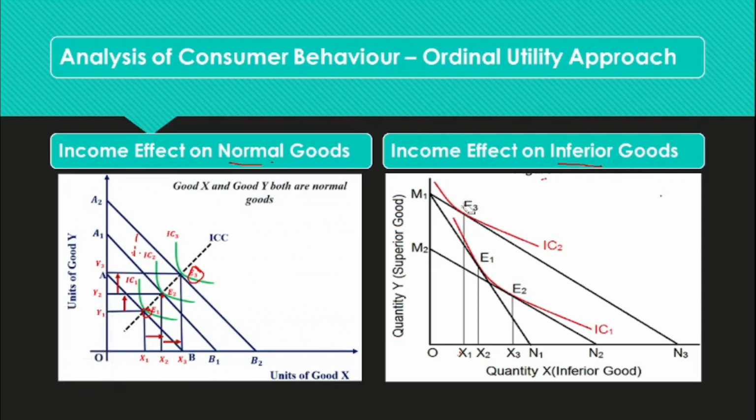Joining these curves, if we look at this point E to E1, it is in the shape of a little bit of an S, okay, and it is not the IC curve. The income consumption curve here is taking the shape of slightly like this S, meaning it is not positive, okay. So this is what the income effect tells us about the normal goods and the inferior goods.